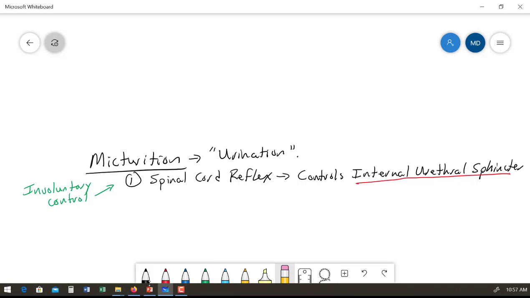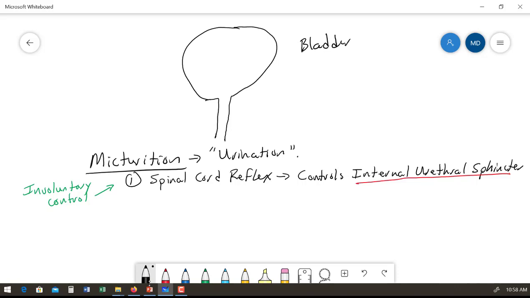Let's just do the picture up here. Okay, so we have a bladder, and then a urethra coming off that bladder. So this is the bladder, and here the tube is the urethra, which of course leads to the outside of the body.